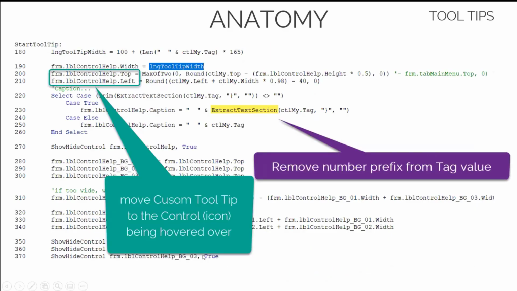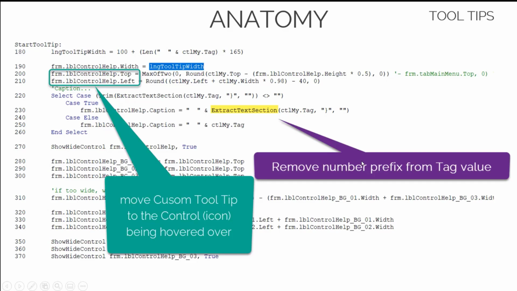And then what we're doing is joining the parts of the tooltip so that they're all joined together. And we're removing the number prefix from the tag value.